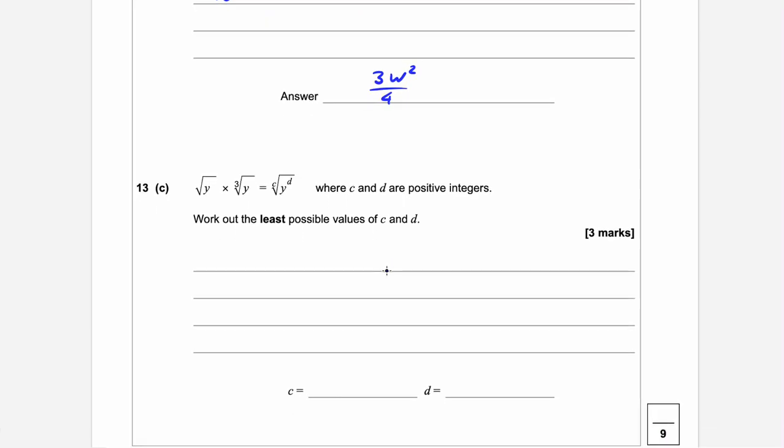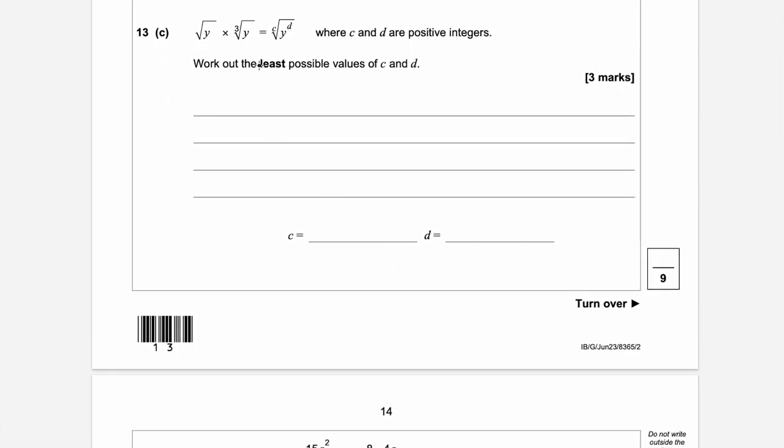Okay, that's 13b. All right, we have 13c. Work out the least possible values of c and d. Okay, this, guys, is finally an interesting question. Sorry, I say finally, but the first few I think have not been that interesting. Okay, so let's have a look. This, guys, let's turn all this into powers.